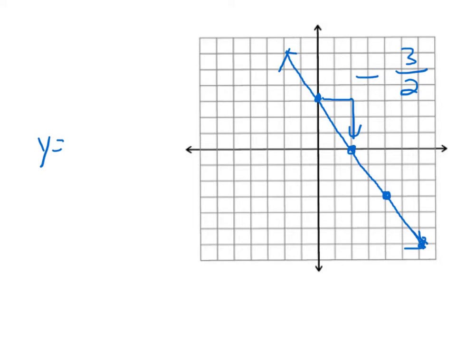So it would be a negative 3 over 2. Now we could say negative 1.5, but we don't like to put mixed numbers here into slope-intercept form. We'd rather keep it 3 over 2. So I'll put the x there, and then plus b. I cross at a positive 3, so it's going to be a positive 3 there.